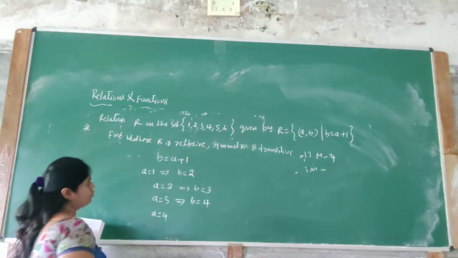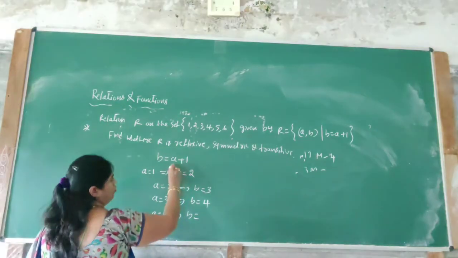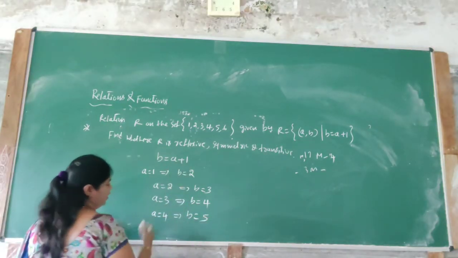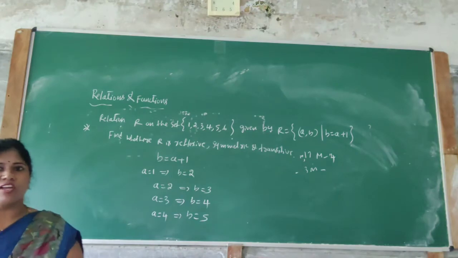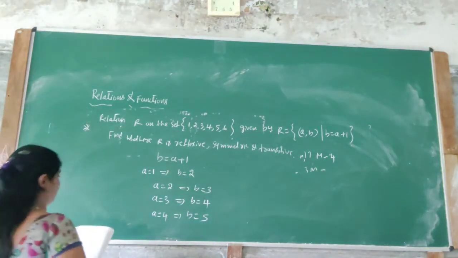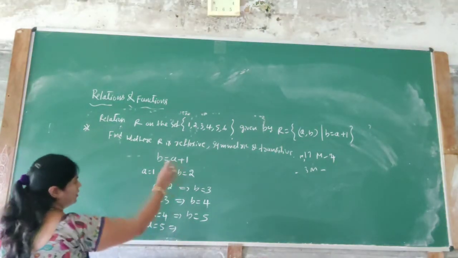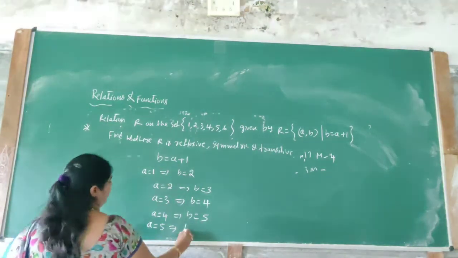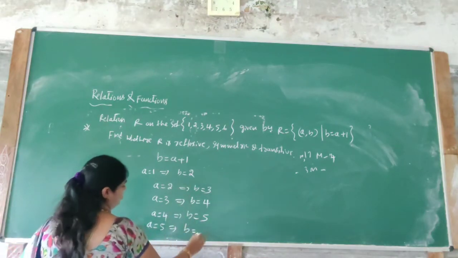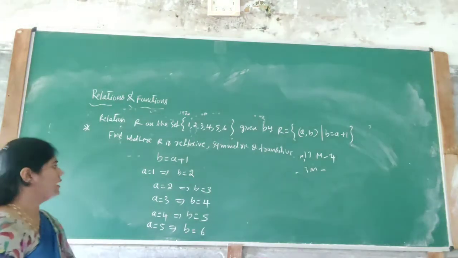If a = 4, b = 4 + 1 = 5. Shall we continue it? No. You will check it. If a = 5, 5 is there, no? If a = 5, b = 5 + 1 = 6. Up to here we can write the elements.